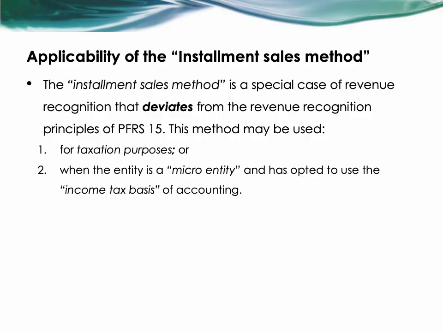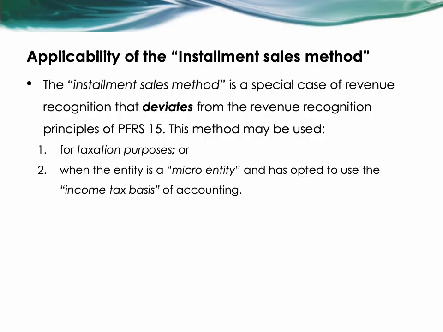The installment sales method is a special case. It is a cash-based approach to recognizing gross profit, and it deviates from the accrual principles of PFRS 15. Okay? So when is this method acceptable for financial reporting purposes?